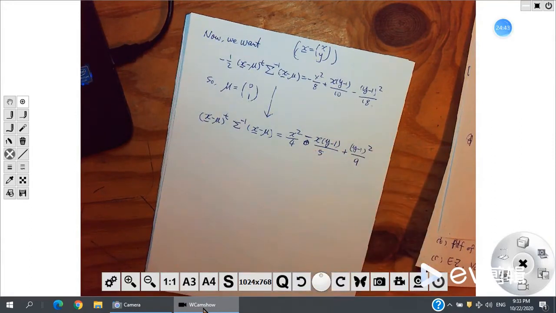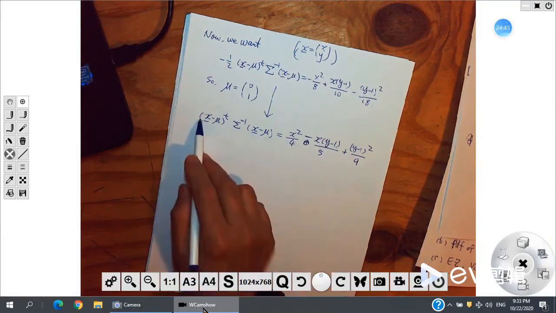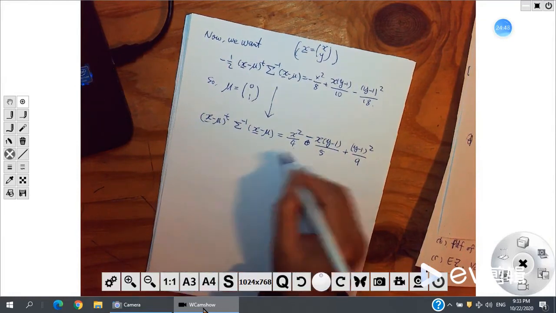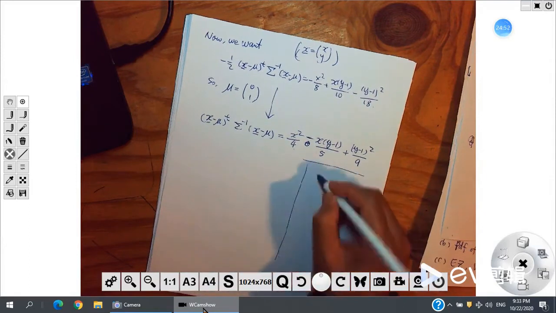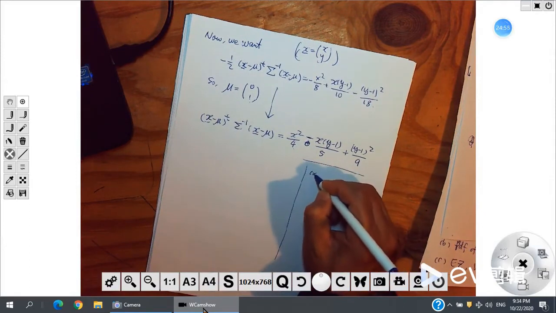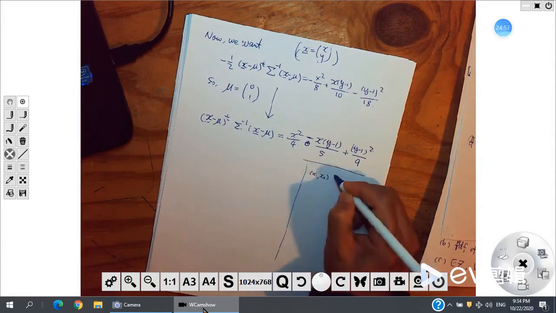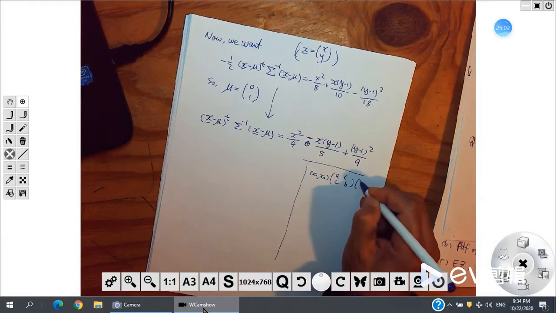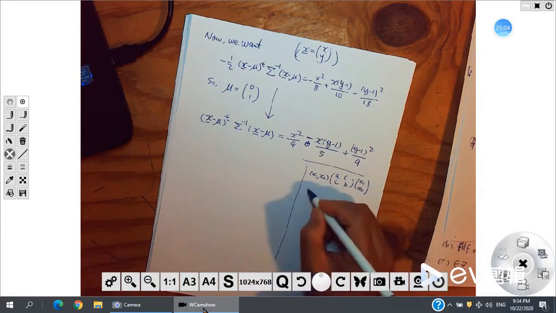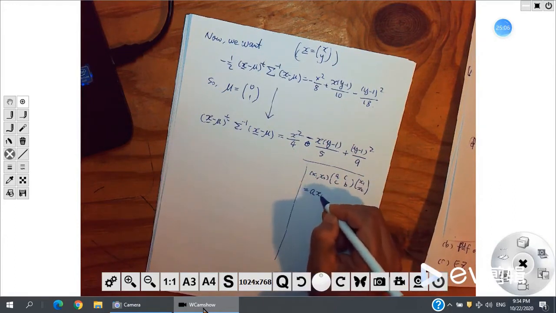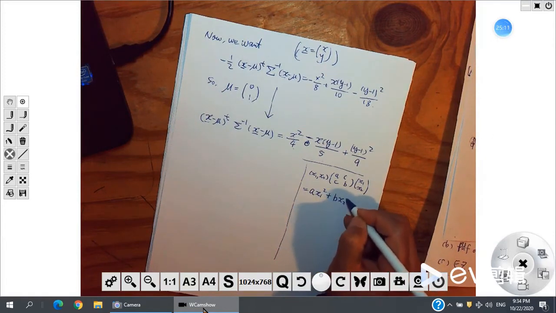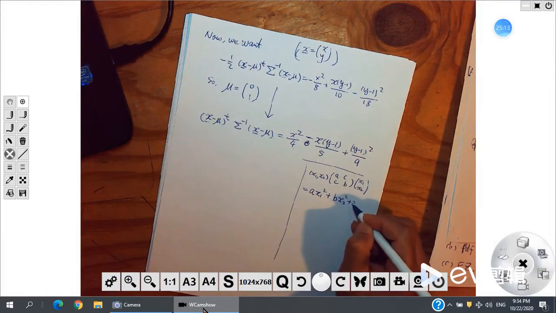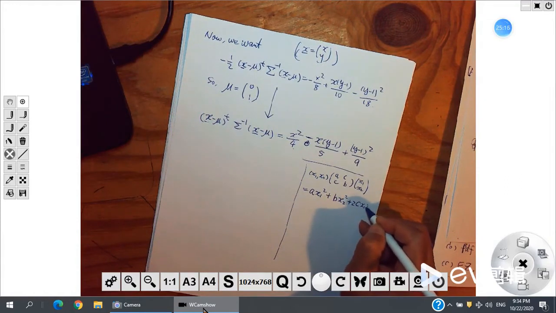Now I try to write it in this way. In general, we have (x1, x2) times the matrix [a, c; c, b] times (x1, x2), which equals a times x1 squared plus b times x2 squared plus 2c x1 x2.